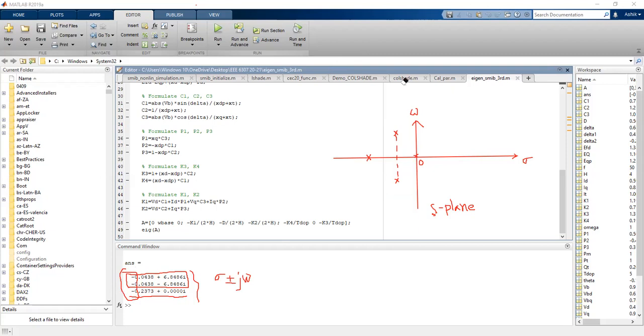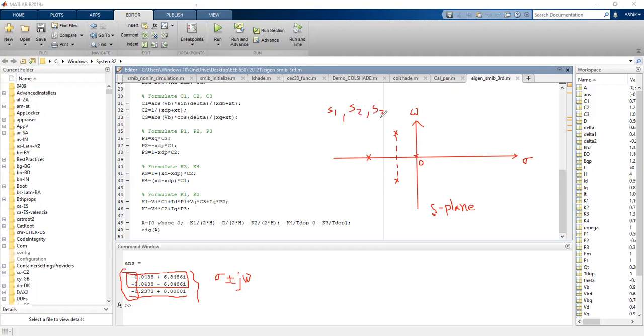Remember, the eigenvalues are nothing but the poles of the characteristic equation for this system. That means if you try to get the transfer function model, you will get a relationship between the input and output of the system in S domain. And then you will get some characteristic equation in terms of S cube, because it is a third order system. If you solve it, your solution would be something like S1, S2 and S3.